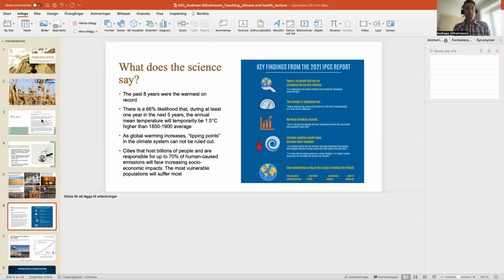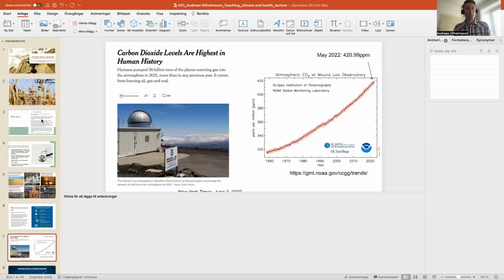And also, there's an increasing likelihood that we will break the Paris Accord 1.5 degrees target, albeit it will only be for a certain time. And as global warming increases, we have these tipping points in the climate system that cannot be ruled out, and also that it is the most vulnerable populations that will suffer most.